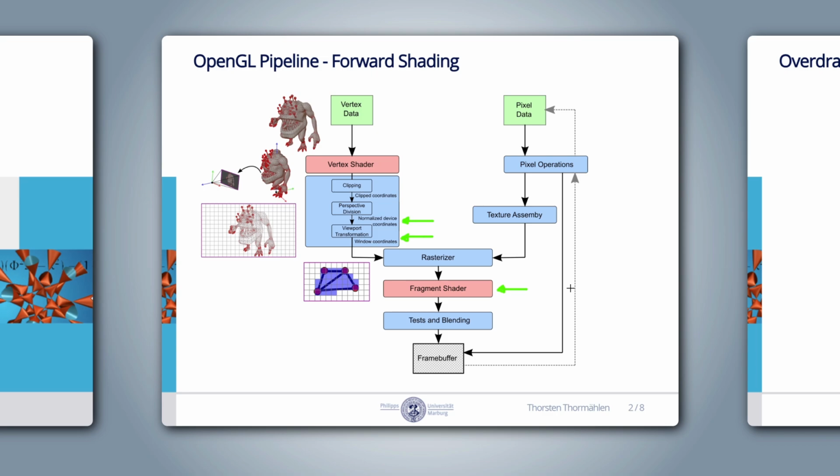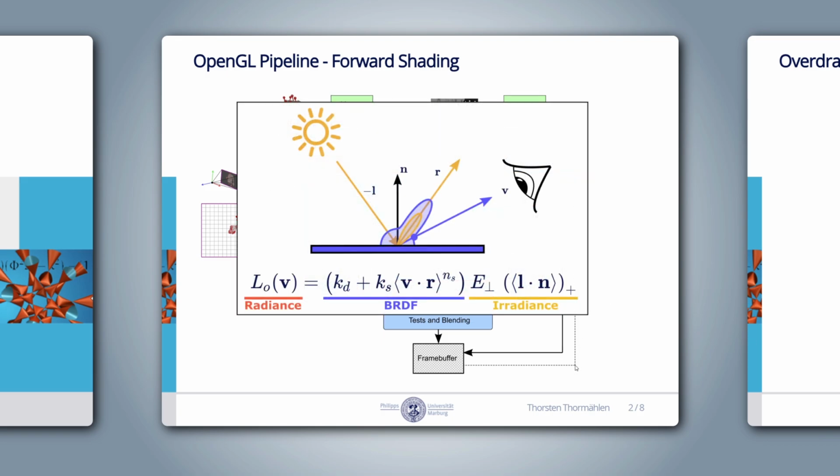When we perform forward shading, we use the given interpolated information in the fragment shader, such as 3D position, surface normals, or texture coordinates, to evaluate the lighting. The interpolated texture coordinates allow us to read the material parameters from the textures. To calculate the lighting in the fragment shader, we iterate over all the light sources. For each light source, we calculate its irradiance at the current 3D position and multiply the irradiance with the BRDF. The BRDF models the material of the surface.